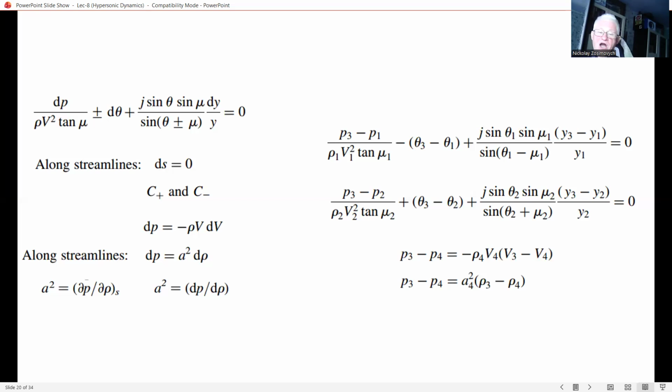Iterate until convergence is obtained. At the completion of this iteration, point 3 is accurately located in space, and the flow properties at point 3 are accurately obtained.